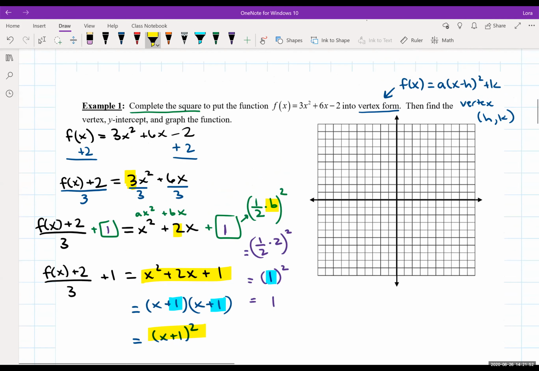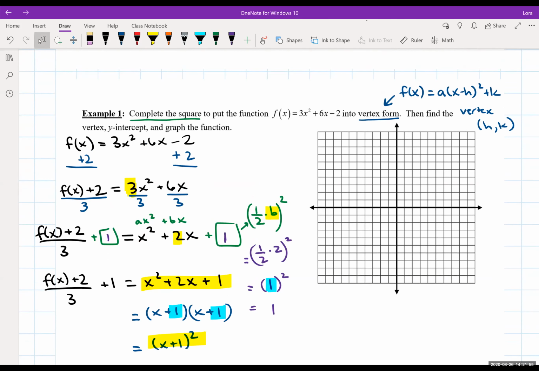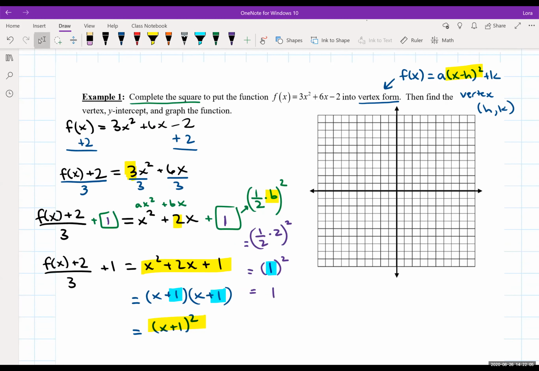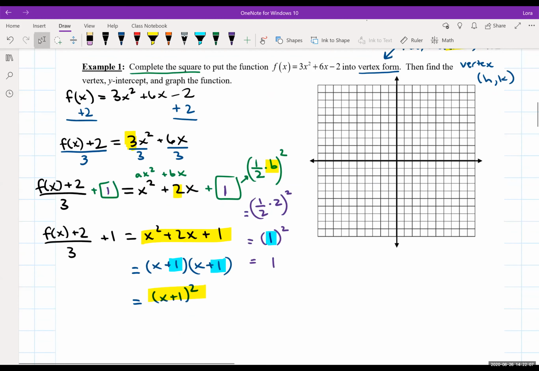If you look back up here about what the vertex form was, the whole idea is to figure out a squared term. So you can see it forming here. The issue is that f of x is on one side. And if you look at our forms, and I'll copy this over just so that you see, we are almost good to go.